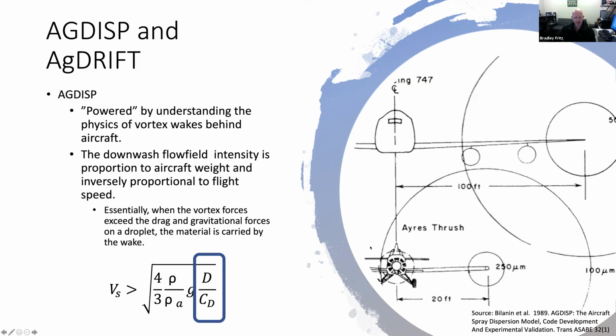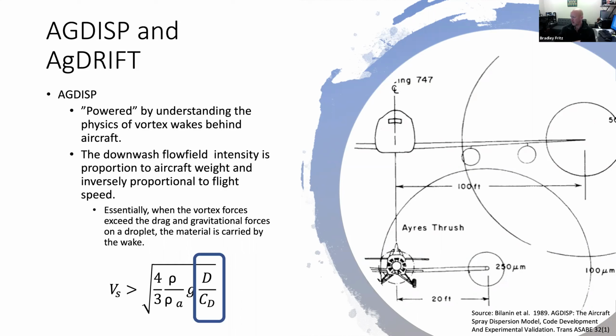If you can see this picture off to the side, it provides an understanding of how the flow field from an aircraft acts on spray droplets of a given size. So it gives a relationship of when these droplets are released from the aircraft and enter this vortex field, where they end up relative to their size and the surrounding conditions before they're released from the influence of the aircraft.